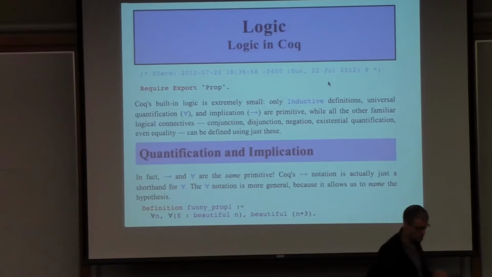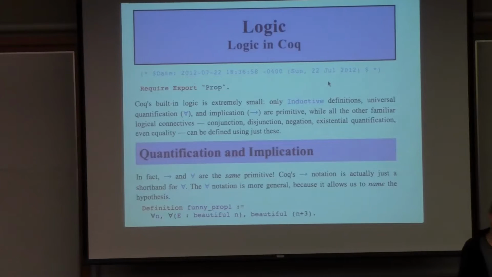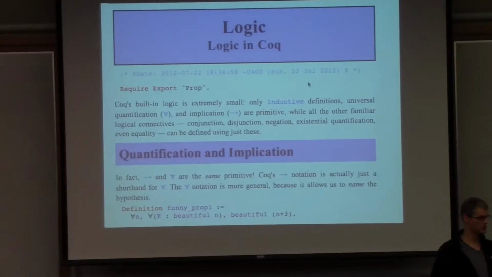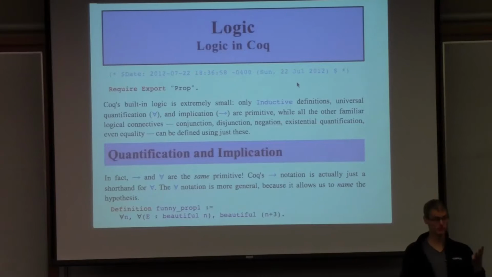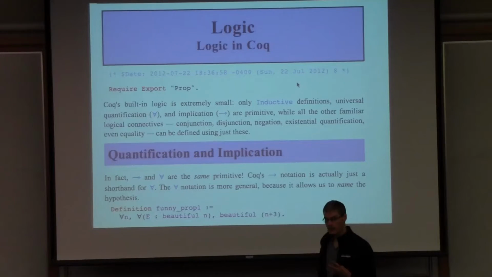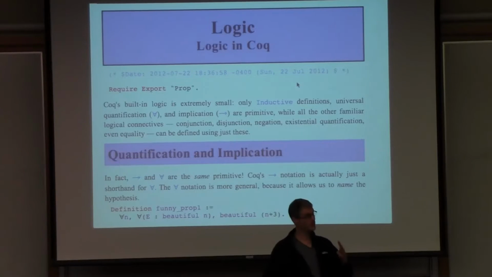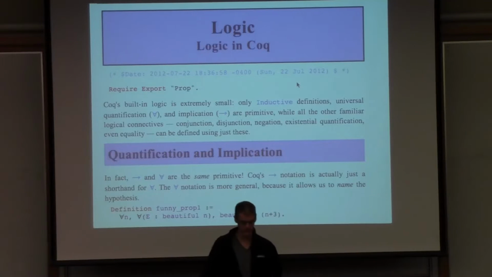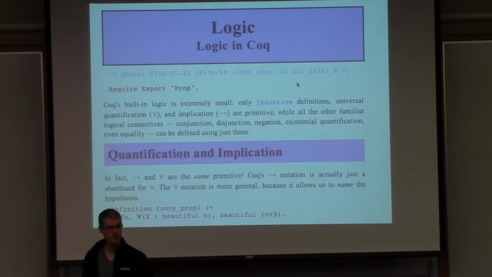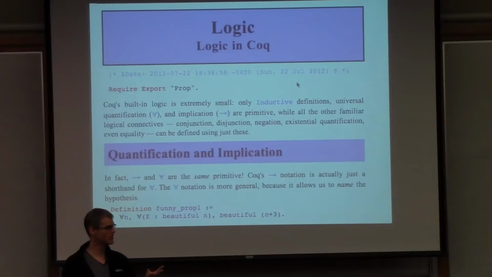So the connectives that we've used so far have been basically implication, quantification, and equality. It turns out that equality is definable. We kind of already know that, but we'll see it in detail here. So equality is definable, so that just leaves implication and quantification, which turn out to be the same thing. Right?